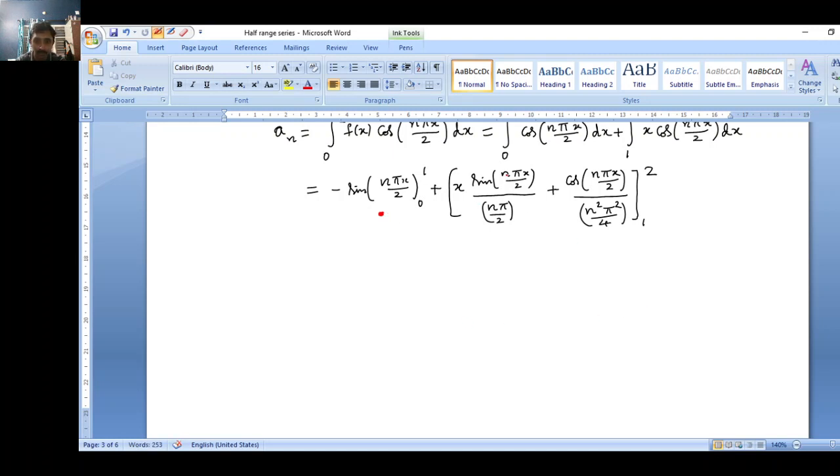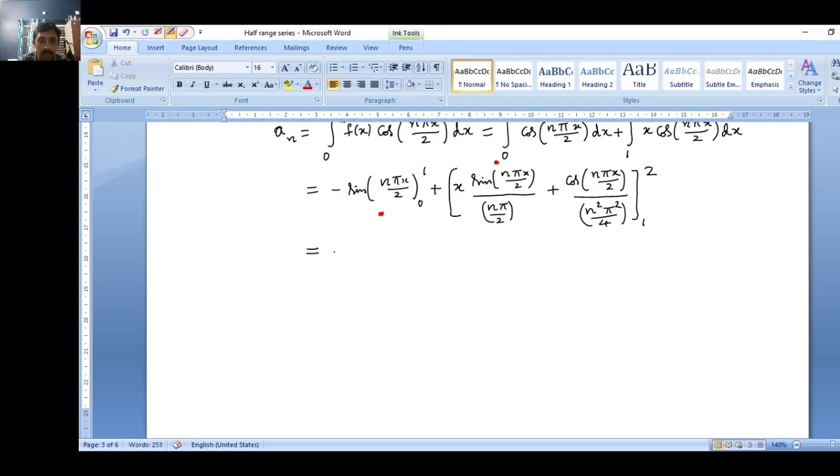And in this term, again, when you go for the upper limit, sine n pi is what you get here because x is 2, so the upper limit for this term will be 0, and the lower limit for this term will not be 0 because you get sine n pi by 2. And because this is a cosine function, neither the upper limit nor the lower limit will be 0 for this.